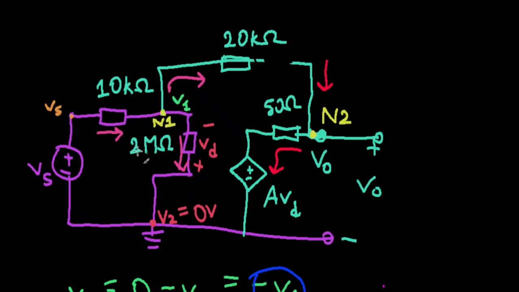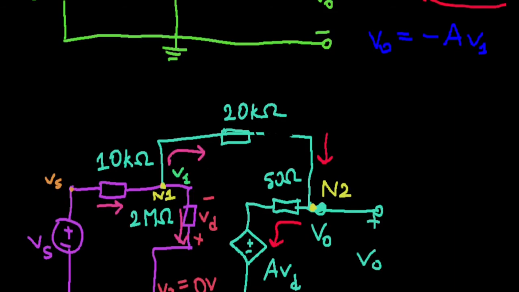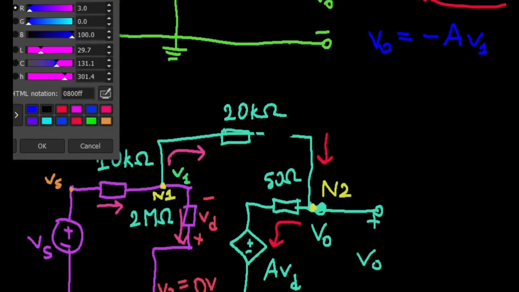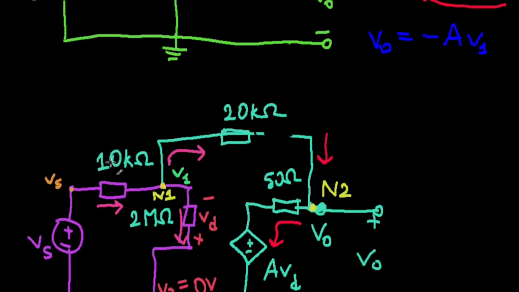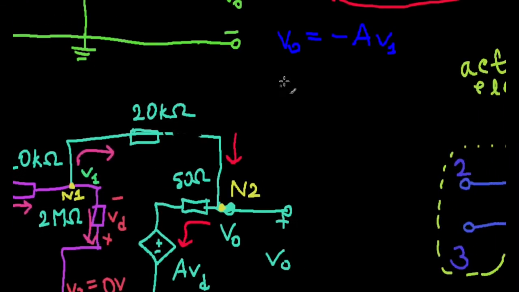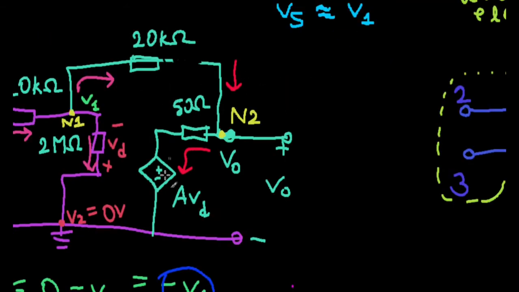If you remember the voltage division for resistors in series, since this is so large compared to this one, Vs is more or less going to be approximately equal to V1. There's very little voltage drop here. So we have Vs equals V1, or approximately equals V1. It's pretty accurate though.